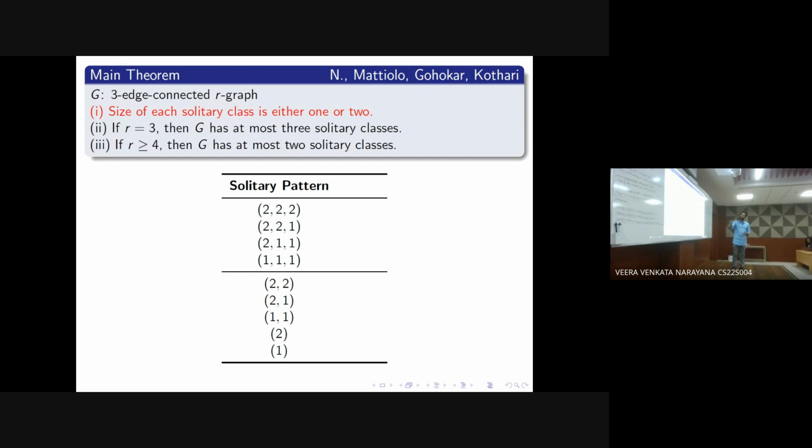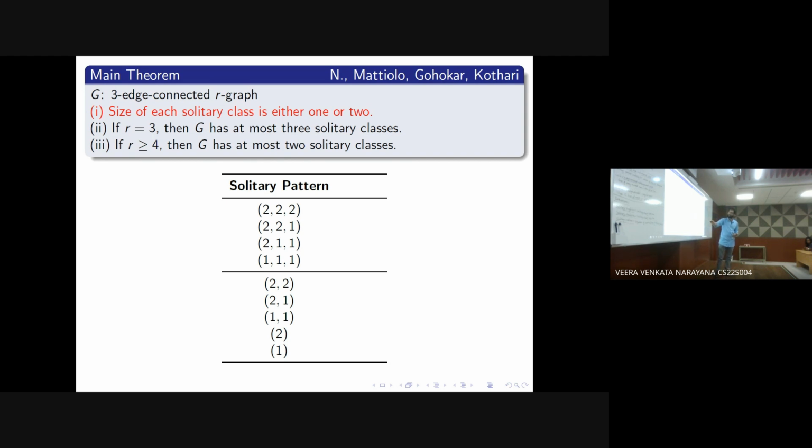So as a consequence, we'll get these solitary patterns. Before that, what is a solitary pattern? A solitary pattern is a sequence of cardinalities of solitary classes. So here, the second part says, if you take any 3-edge connected 3-graph, it has at most 3 solitary classes. That means these are the cardinalities of the classes.